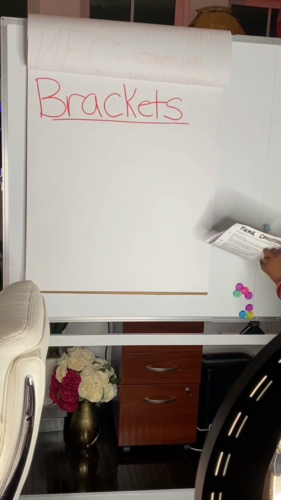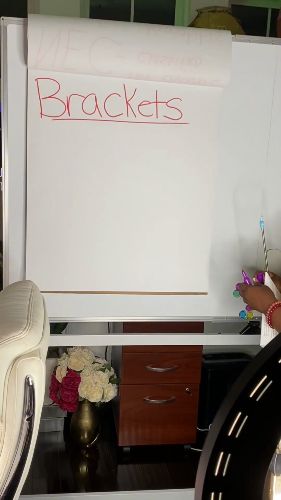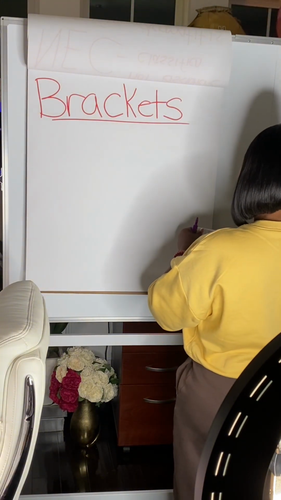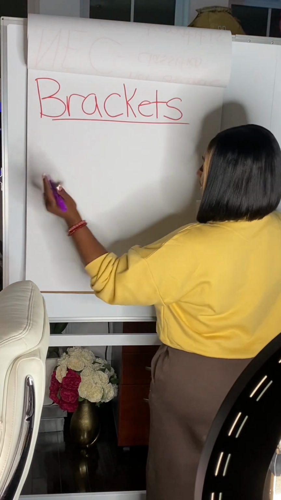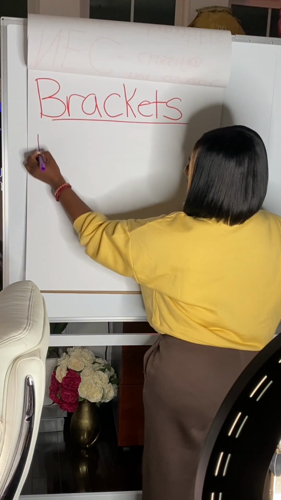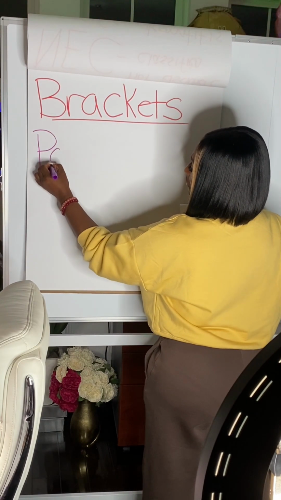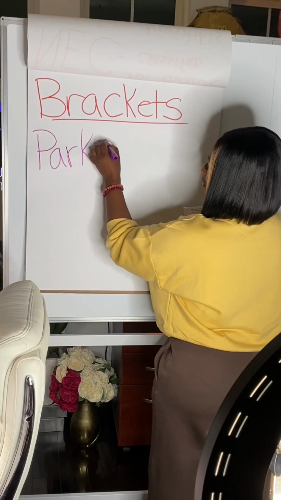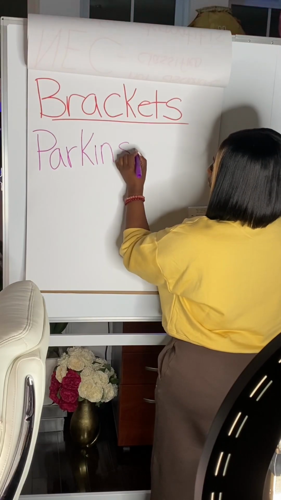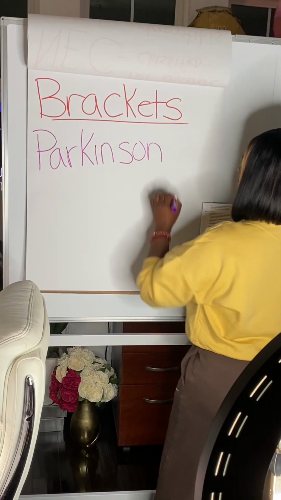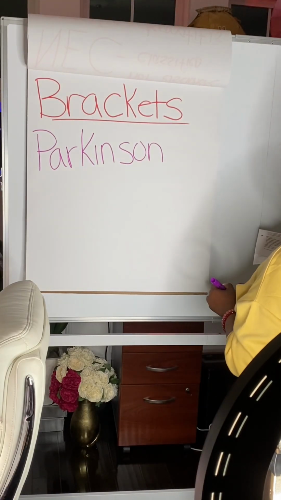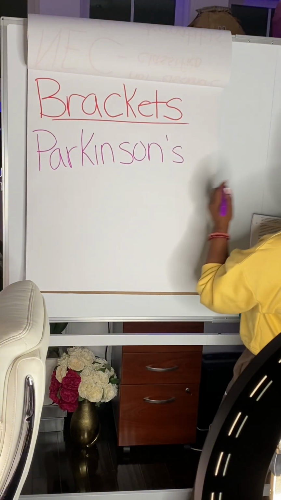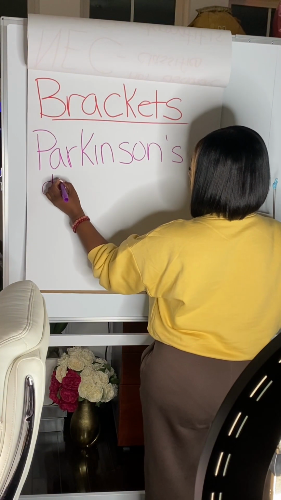So say a patient has Parkinson's disease, right? Let's look at this one. We're in the alphabetic index, and we have already found our code for Parkinson's disease.